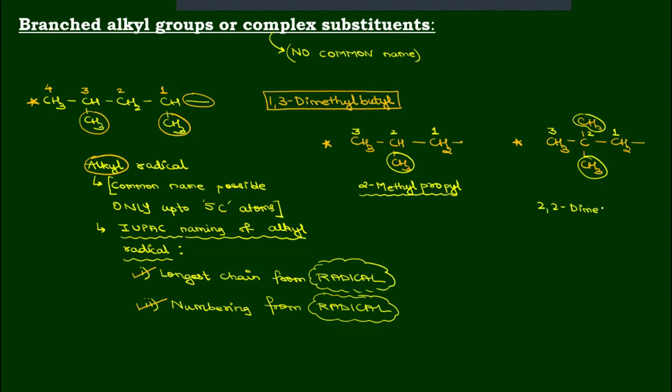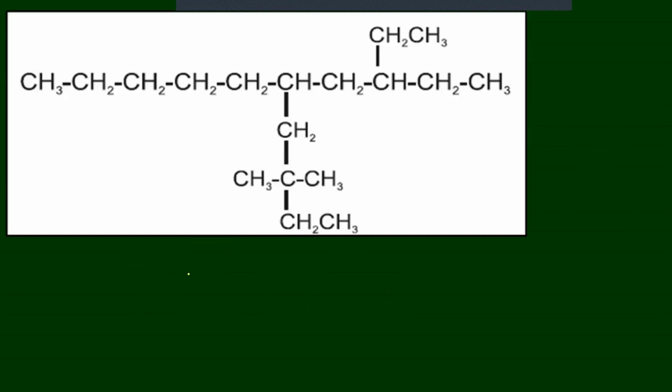Perfect. Good enough. 2,2-dimethyl, and the parent of 3 would be called propyl. So likewise, if you know the rules for alkyl radicals, you can name any of the alkyls in their IUPAC name as well. So with this information, let's move to some complex examples of naming organic compounds.